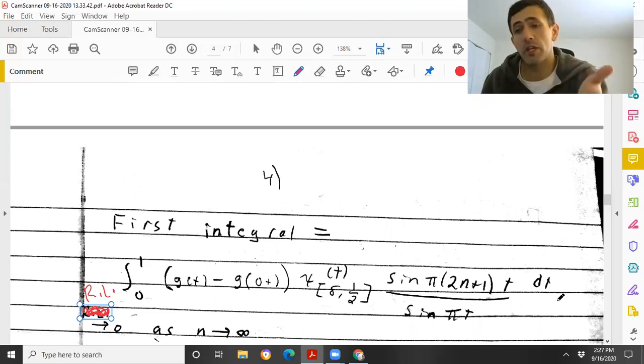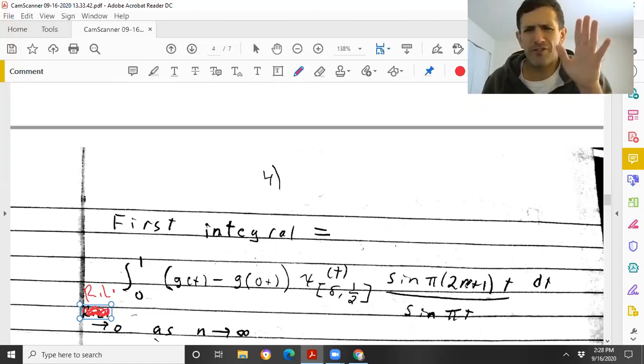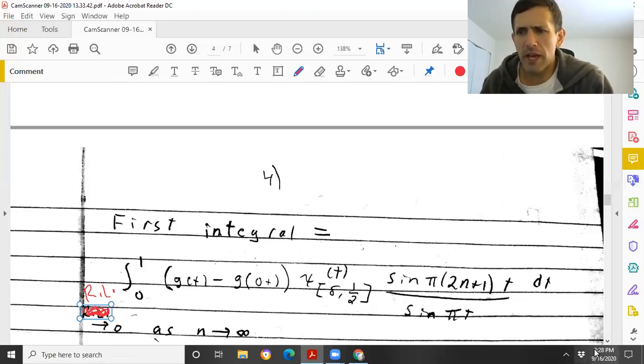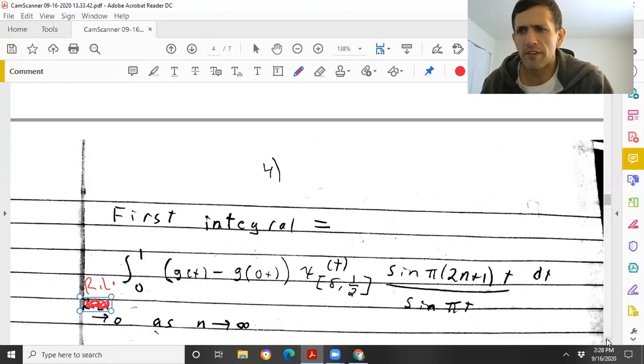I'm not going to go through the details here. You just write sine in terms of complex exponentials, and this is going to be the Fourier coefficients of 4 different functions. But anyway, thanks to g being L1 and this being bounded on the interval delta to 1/2, the Riemann-Lebesgue lemma says this is going to go to 0 as n goes to infinity.